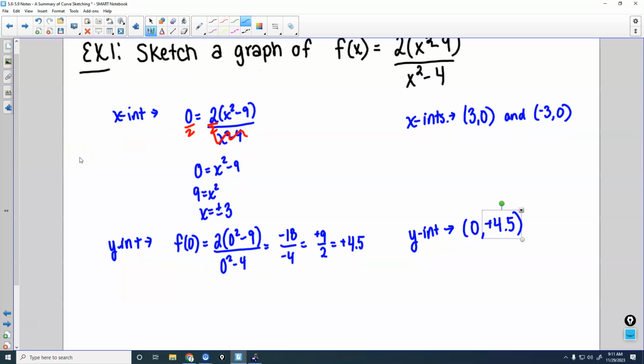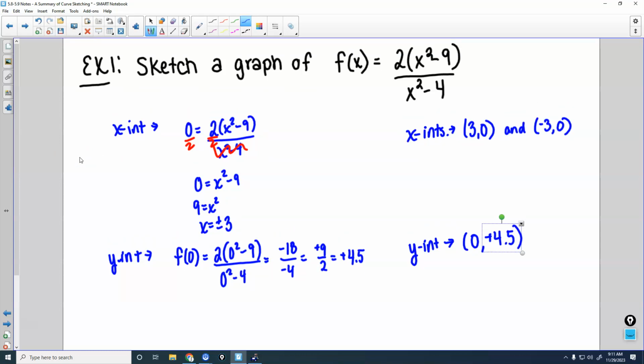There are other things that would be helpful to us: vertical asymptotes, horizontal asymptotes, holes in the graph if there are any. So let's do vertical asymptotes. For vertical asymptotes, we need to factor everything. So we could factor this numerator into x plus 3, x minus 3.